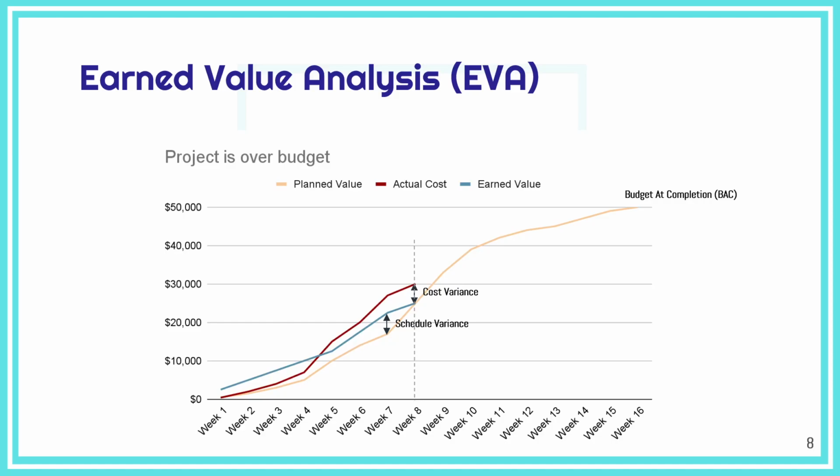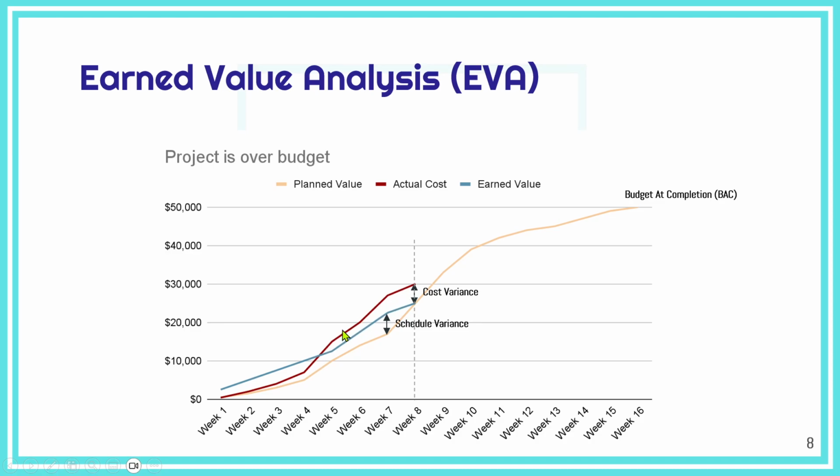Okay, one of the most important slides we also explained is really what the earned value analysis is. When we define a project plan from the beginning of the project, this is the light orange here, and the budget at completion, this is the budget of the project, called BAC. Then the blue line is the execution, the work completed, and the red line is the actual cost.